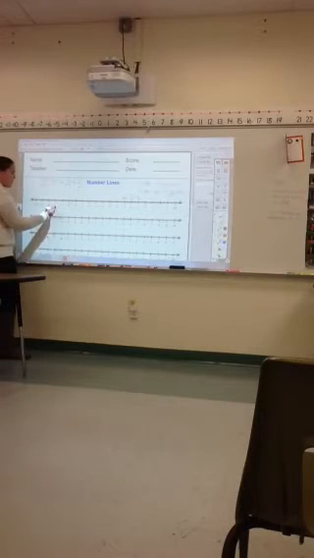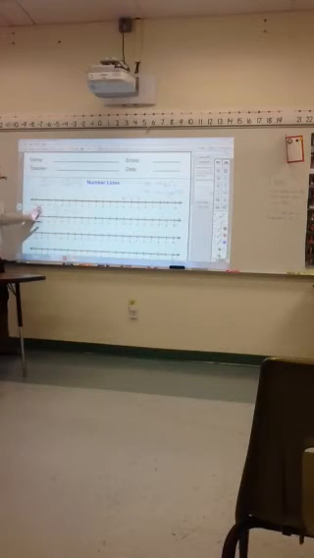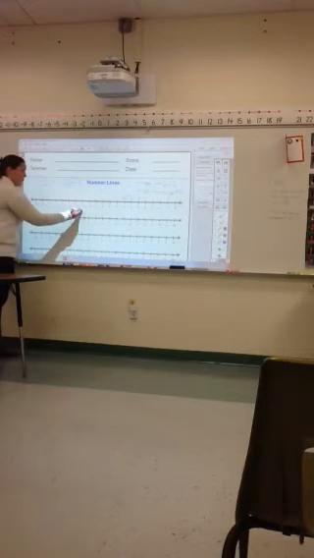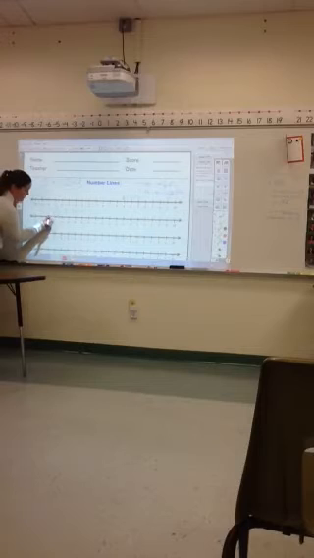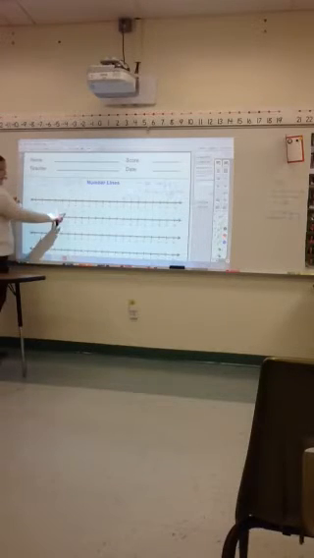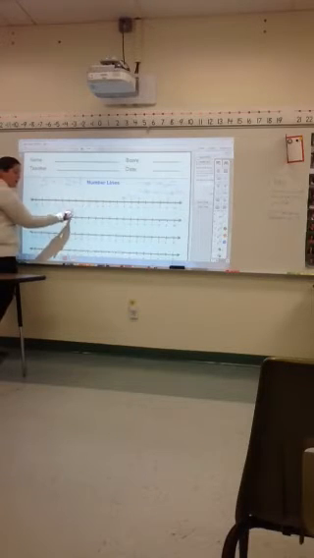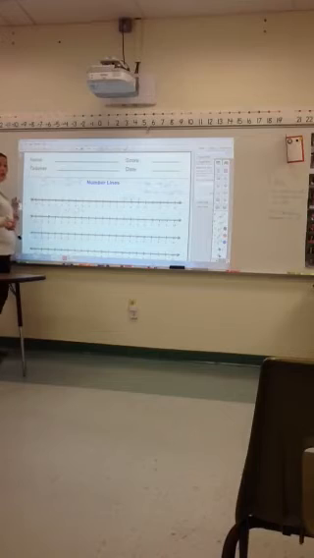What if I have the problem -8 plus 6? I'd solve this the same way. I put my pen, pencil, marker at my -8, and since I'm adding a positive number, if we don't see any sign with our second number, it's understood that it is a positive number.